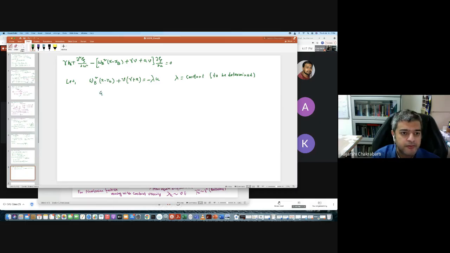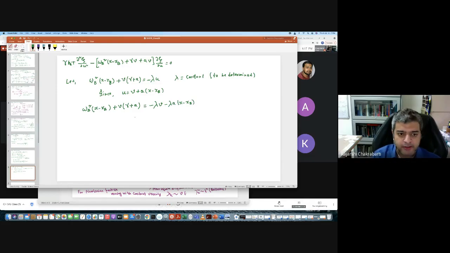Now remember, since u is v plus a into x minus xb, we had it, no? So now I can put it here. Omega b square x minus xb plus v into gamma plus a is equal to minus lambda v minus lambda a x minus xb.